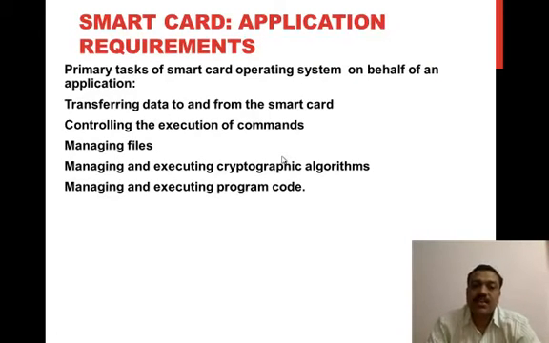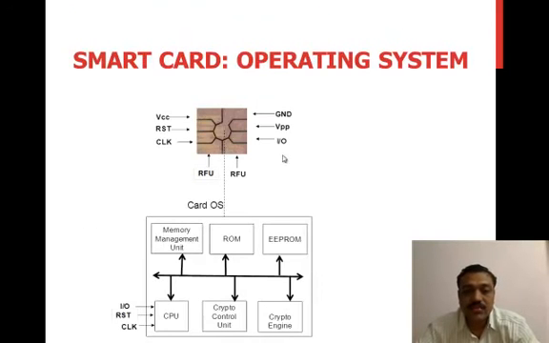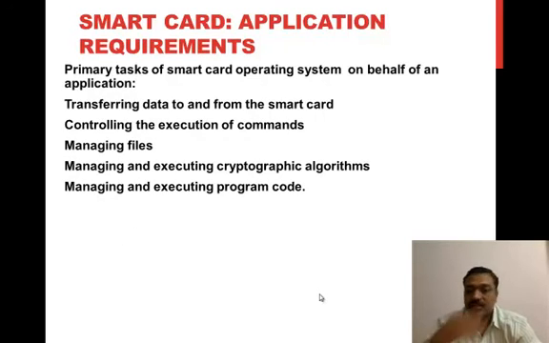The primary task of a smart card operating system on behalf of an application is to transfer data to and from the smart card, control the execution of commands that we have already seen, manage the files, manage and execute cryptographic algorithms, and manage and execute program code. And that is why you have each module in your smart card operating system for this.